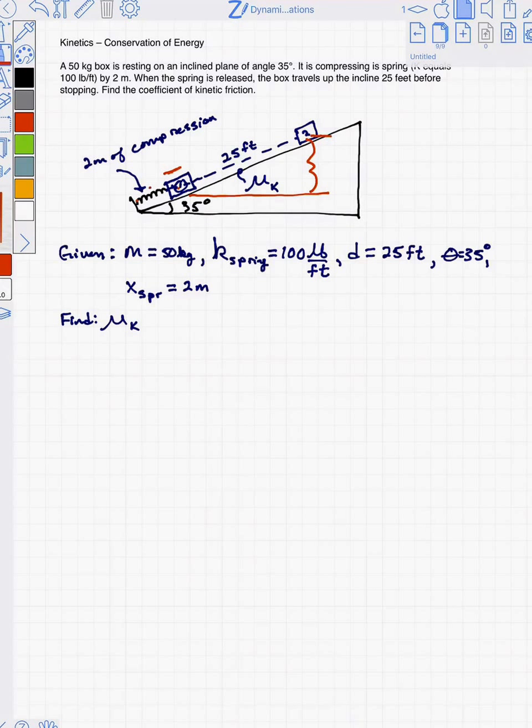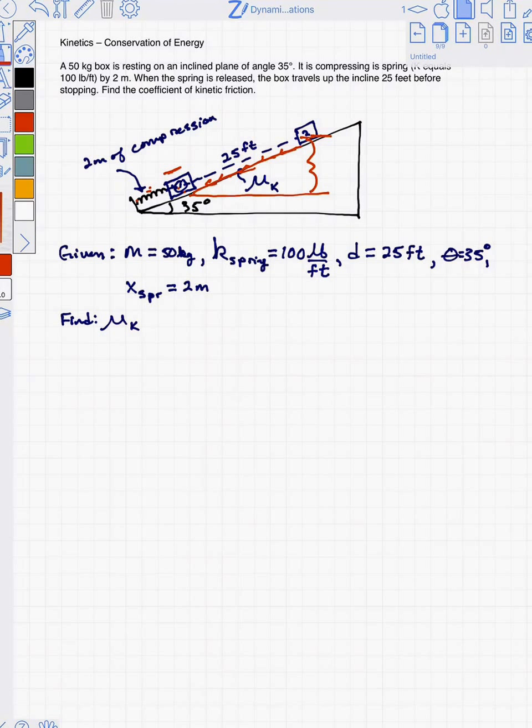But also some of that initial potential energy is going to be converted into work done on the box by friction. So this initial energy will overcome the work of friction that will be taking place throughout the travel, and it overcomes this new potential energy.